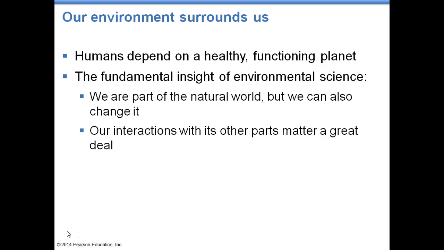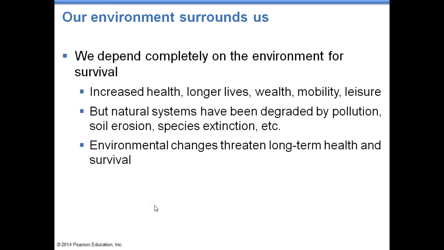It's important in being able to maintain these resources for generations to come, to prevent pollution, to prevent overharvesting, to stop soil erosion from happening, to keep areas green, to recycle, to reuse. All very important in maintaining this healthy planet. We depend completely on our environment for our survival.